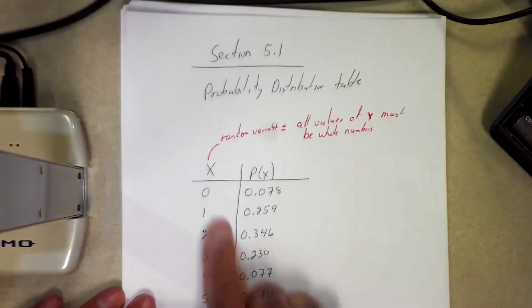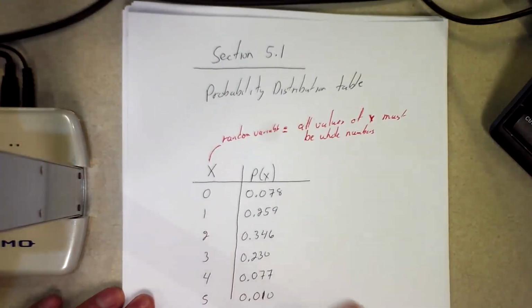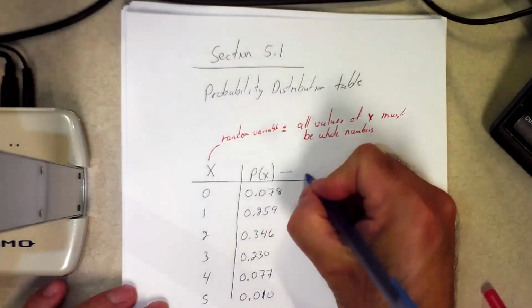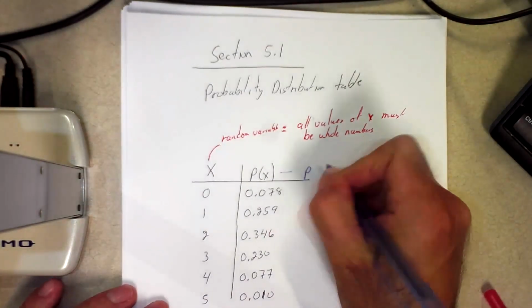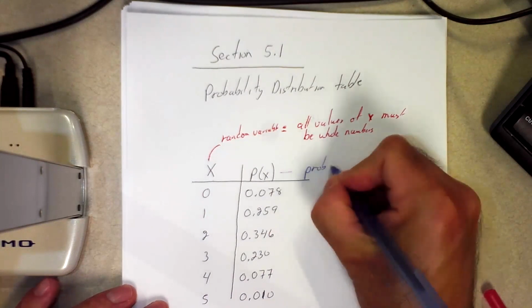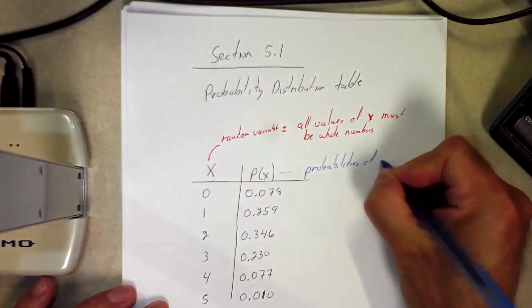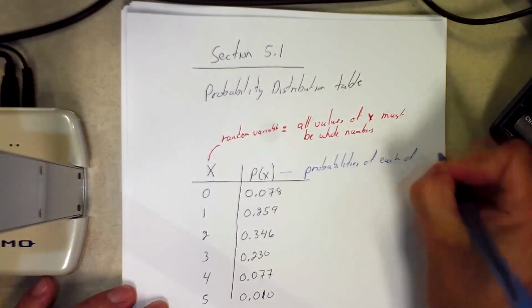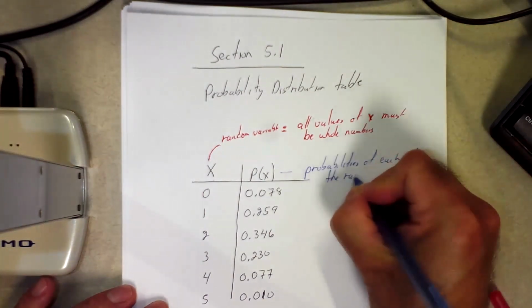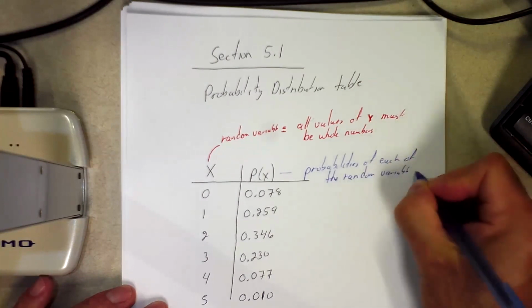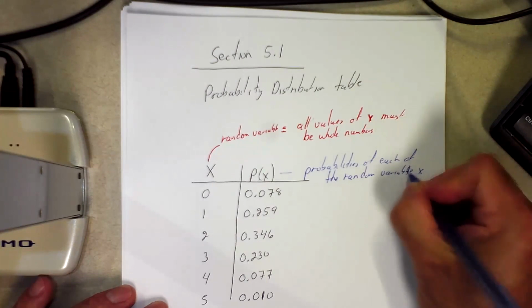Okay, so here's our table. Here are our x values. Notice that they're all whole numbers, 0 through 5. And then you have your p of x. These are your probabilities. They represent the probabilities of each value of the random variable x.